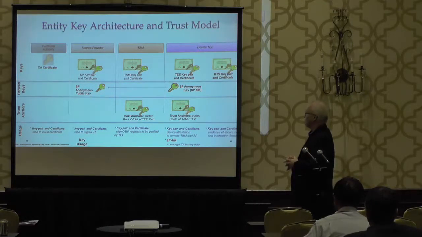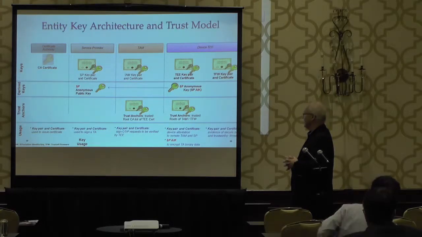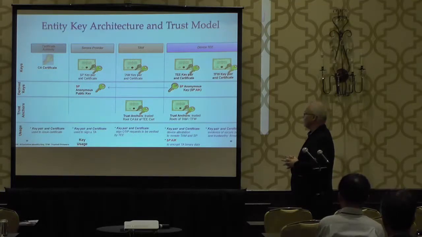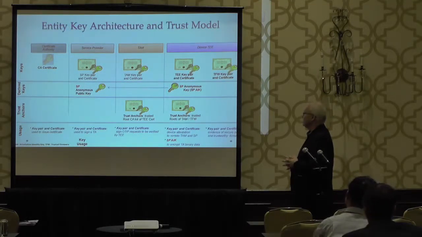Then the service provider and the TEE will have derived keys that are used for encrypting the binary data. And then you will have trust anchors with the TAM and the device TEE.